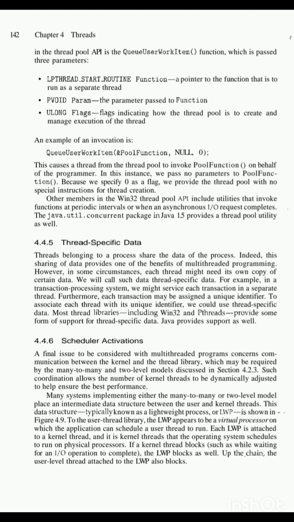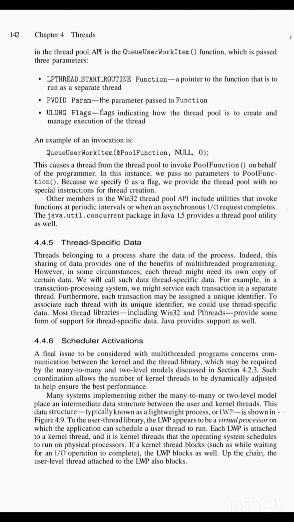To the user thread library, the LWP appears to be a virtual processor on which the application can schedule a user thread to run. Each LWP is attached to a kernel thread, and it is kernel threads that the operating system schedules to run on physical processors.